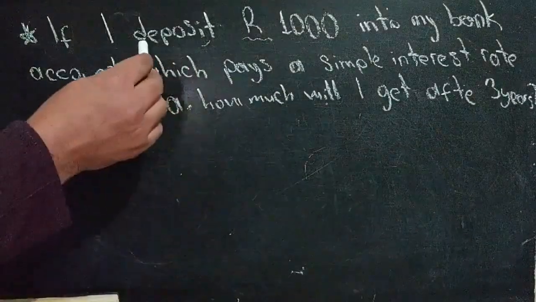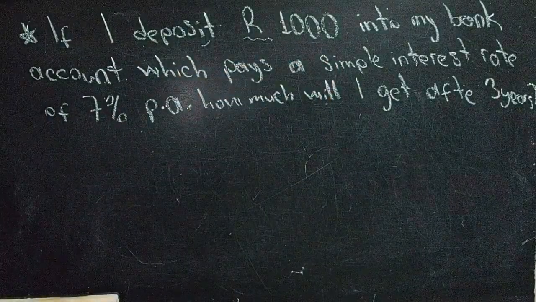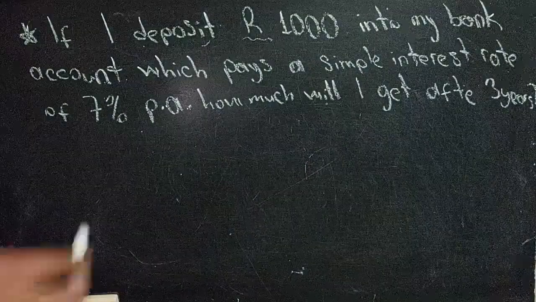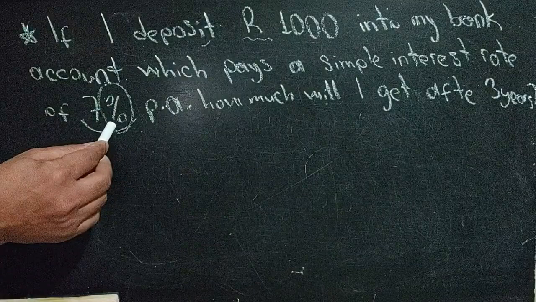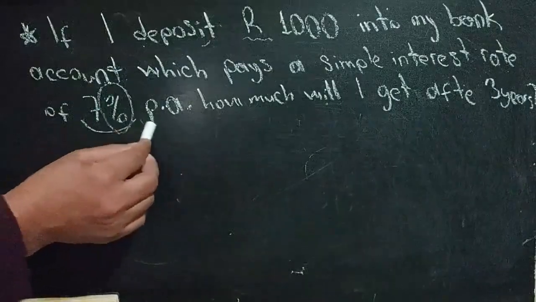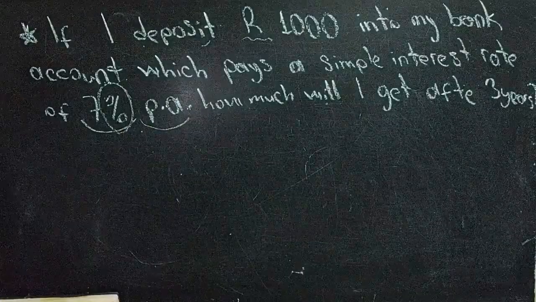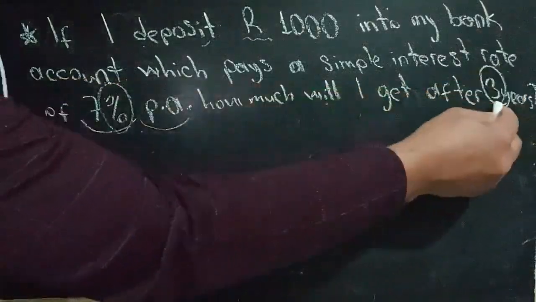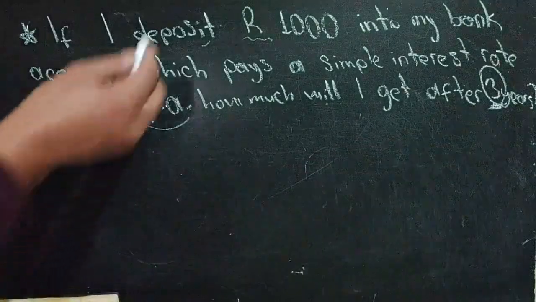So I deposit 1000 rand into my bank account, which pays a simple interest rate of 7% per annum, per year. See, I told you this is going to be given in percentage. How much will I get after 3 years?